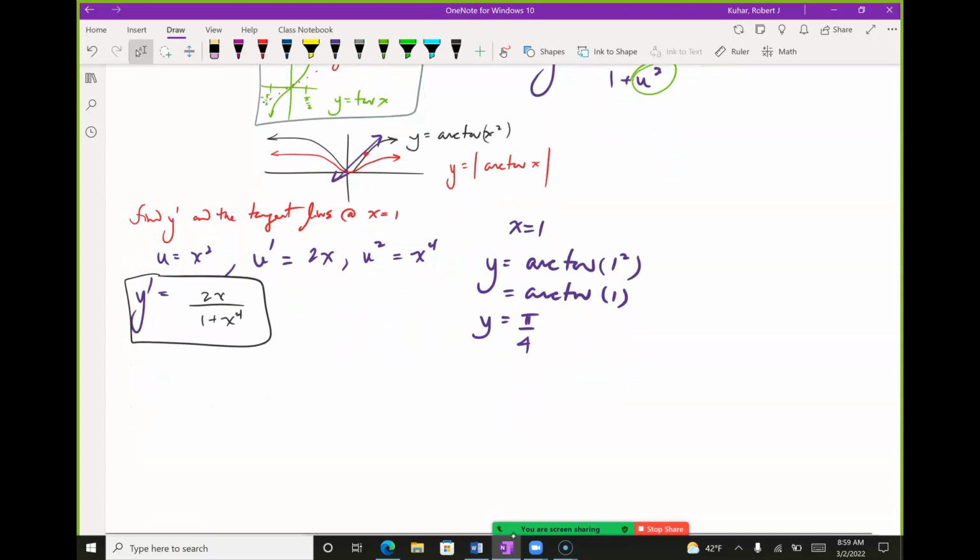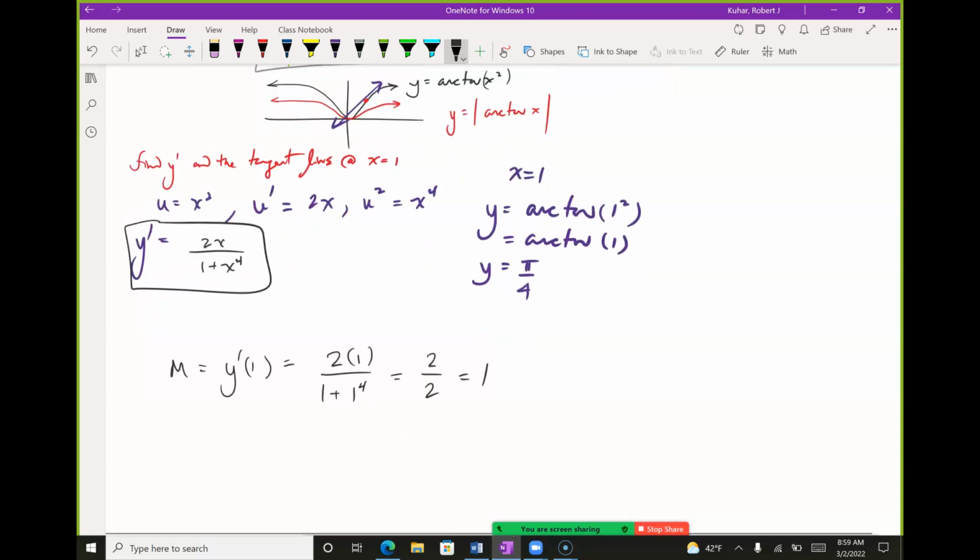All right, I need my slope, so that's going to be y prime at 1. So 2 times 1 over 1 plus 1 to the 4th. So 2 over 2, 1. Nice. Easy. So our tangent line: y minus pi over 4 equals 1 times x minus 1.